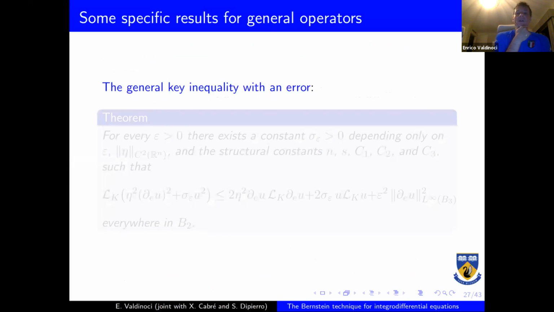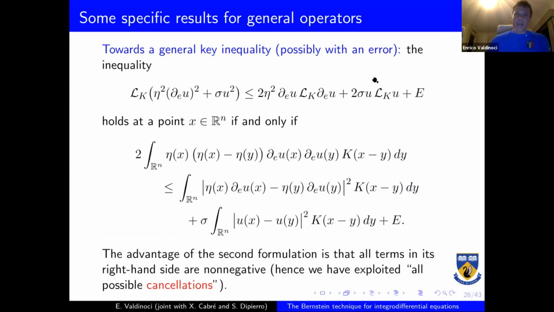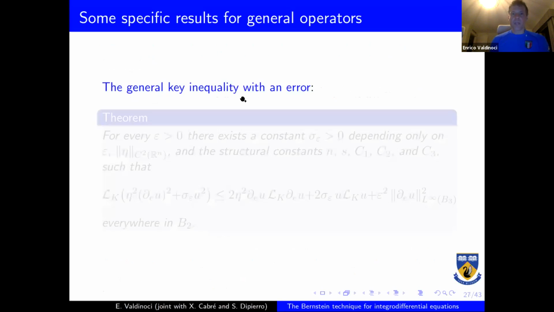Of course we are interested in the first inequality, but it's easier to prove the second because one knows exactly what are the good and the bad terms. From the technical point of view, the proofs we will see deal with the second case, but of course the important inequality is the first.